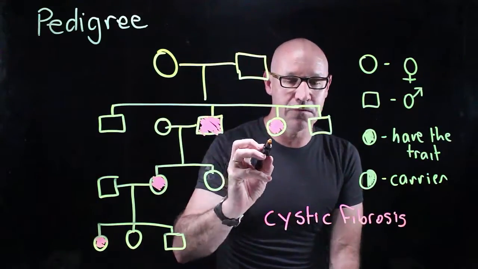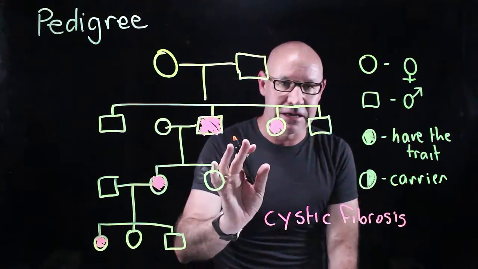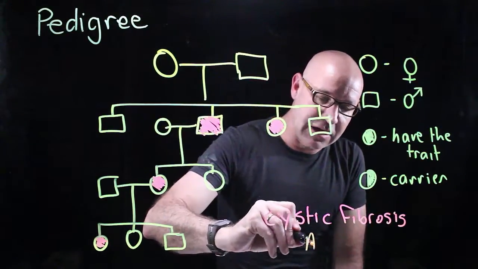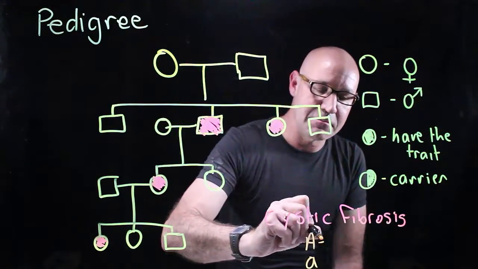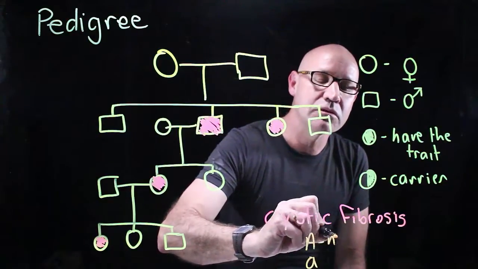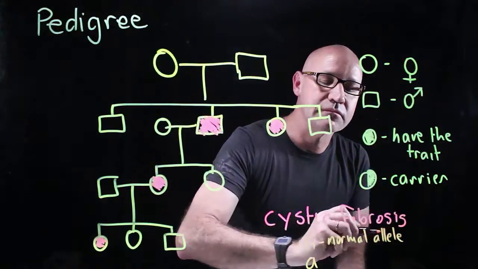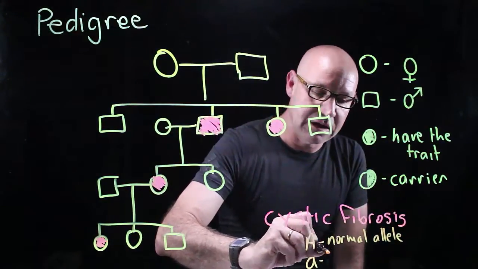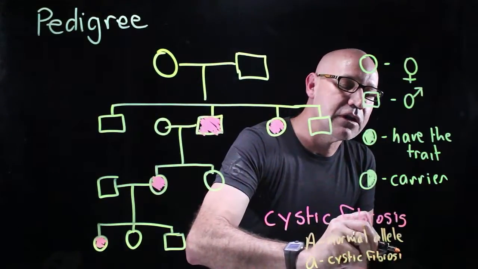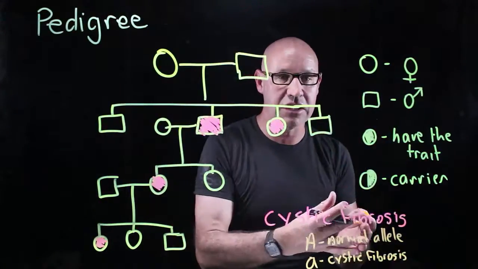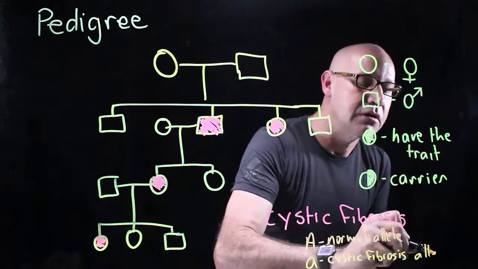I'm going to go ahead and use A, because capital A and small a look different. A means that it's the normal, healthy allele, and the small a is the cystic fibrosis allele, the gene that contains the disease.